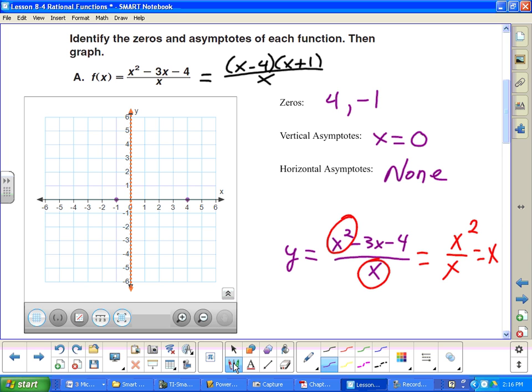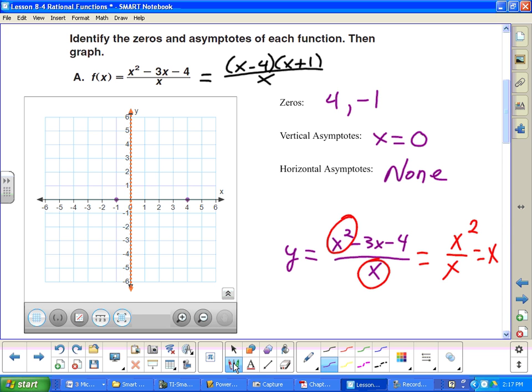Now, to graph this. Now, reminder, it says for asymptotes, the graph gets closer and closer to the line, but doesn't actually touch it, right?